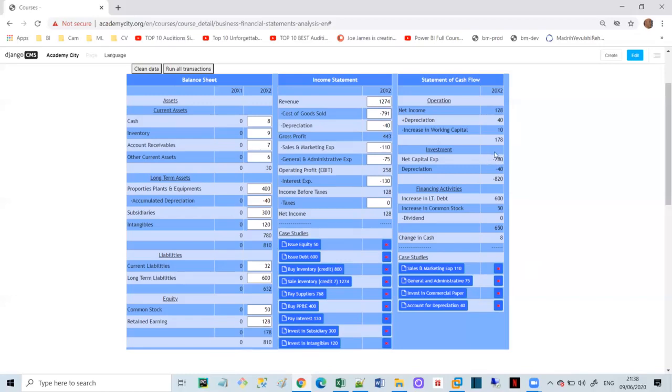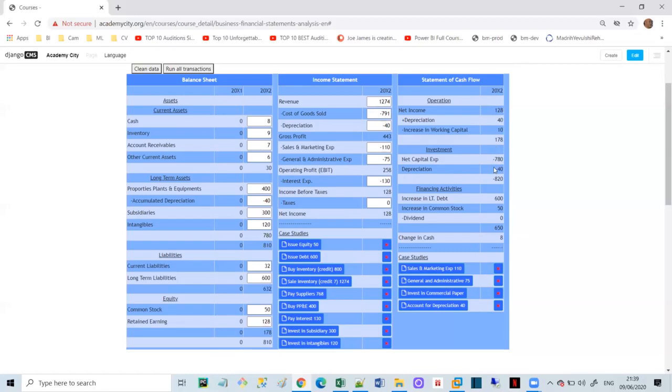Is that right? The reason it went down to 780 is because now my long-term assets went down by 40, which is the depreciation. At the same time, my profit went down by 40. So what I'm really doing in the statement of cash flow, the bottom line is not going to change, but I'm adding back the profit here because on a cash basis, I did collect 168.